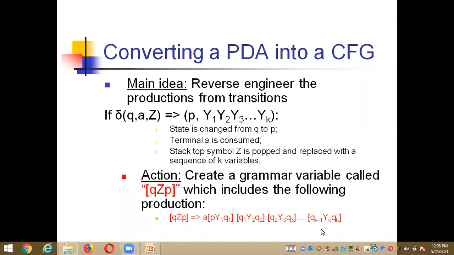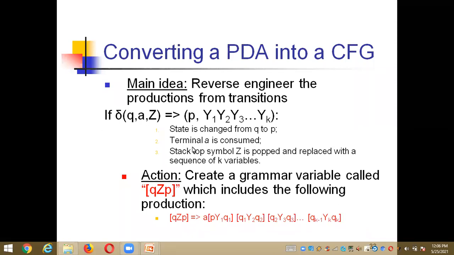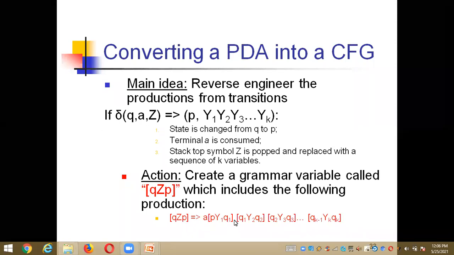So please make a note of this production, because this is the syntax for converting a PDA into a CFG. That means this production is useful for converting the PDA into a CFG. Here we need the output in the form of a grammar, just by taking the input in the form of a PDA, right? So for that, we need to know how to write the grammar productions from the PDA.